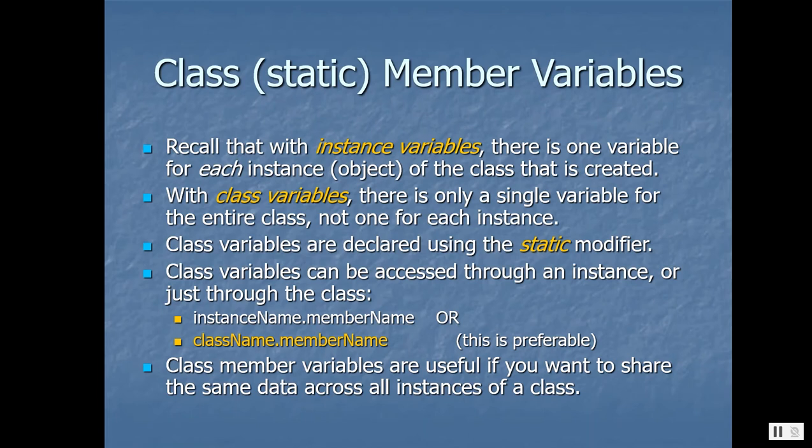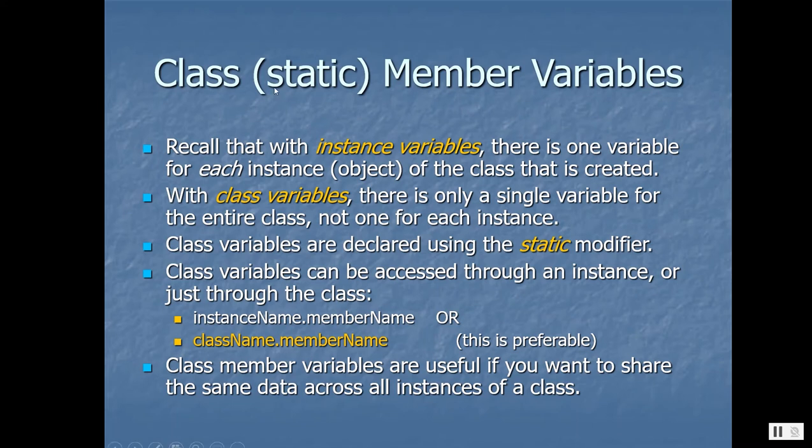So we have created a class with instance variables before and recall that there is one variable for each instance of the class. So when an instance is created on the heap, any instance variables for that class are going to be part of the object that is created on the heap.